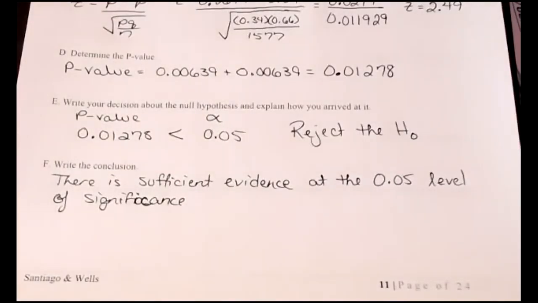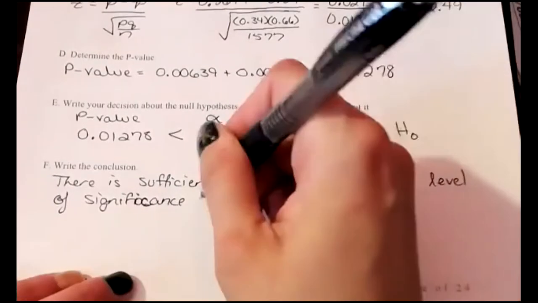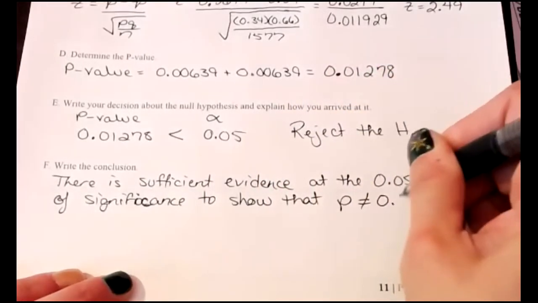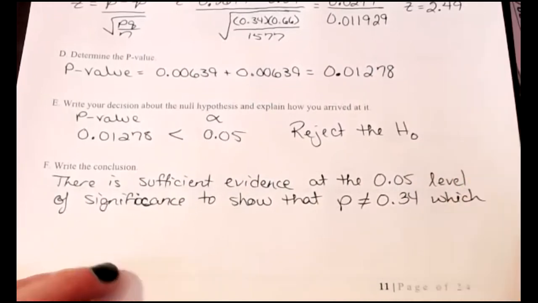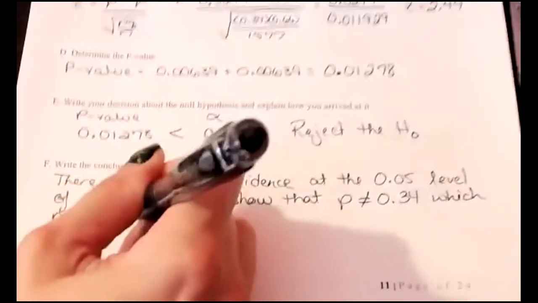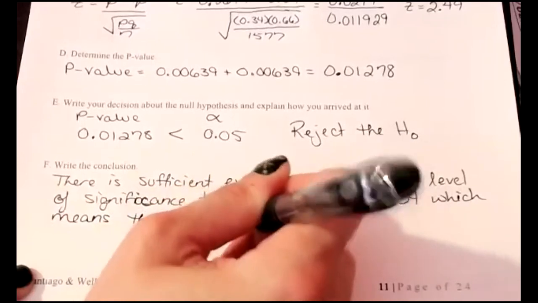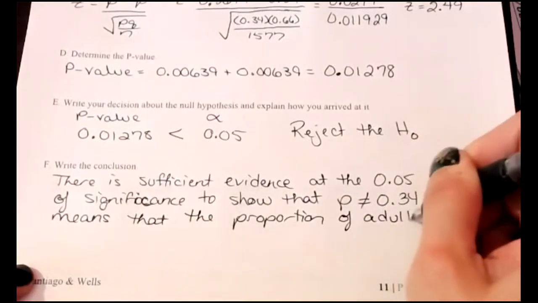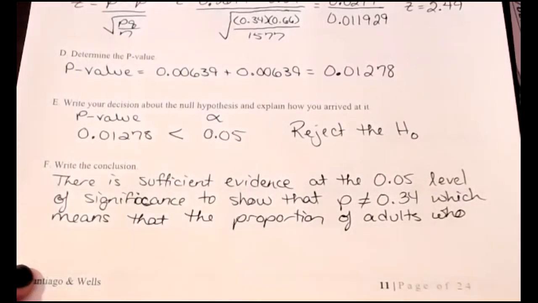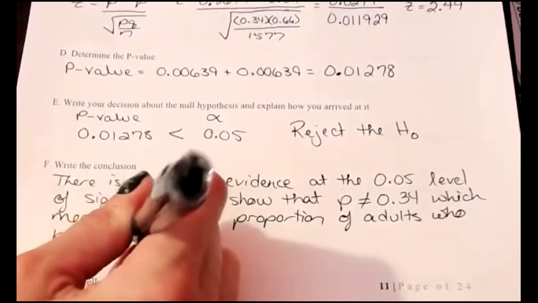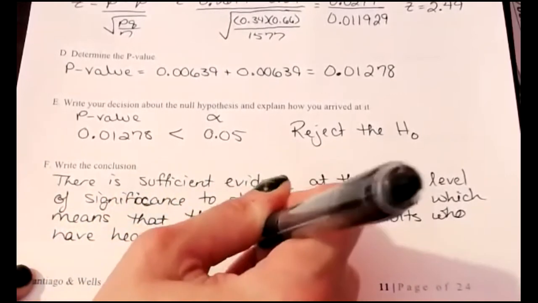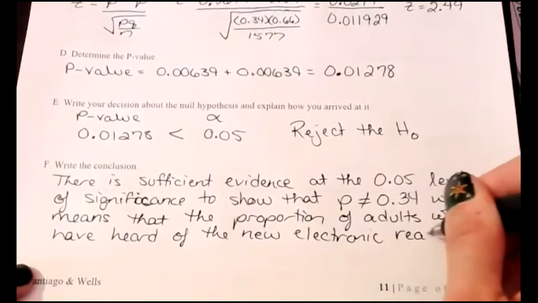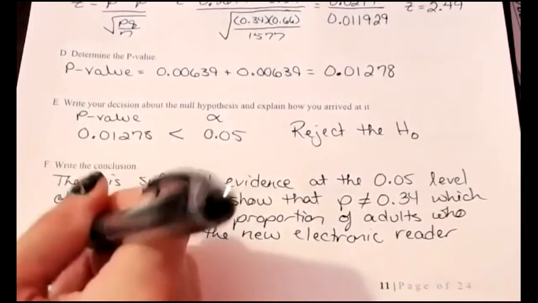Cool. So there's sufficient evidence at the 0.05 level of significance to show that P does not equal 0.34, which means that the proportion of adults who have heard of the new electronic reader is, and you can write this in two ways.